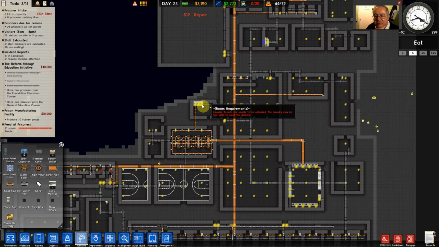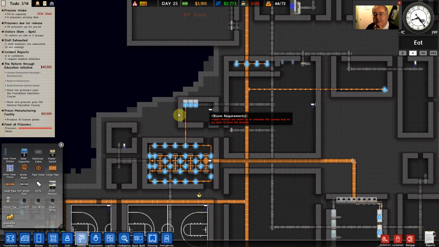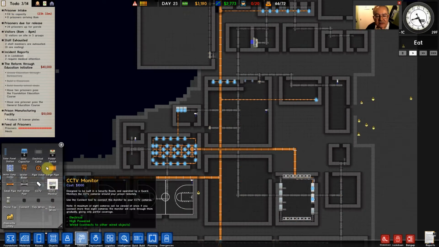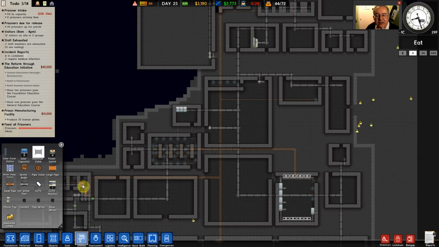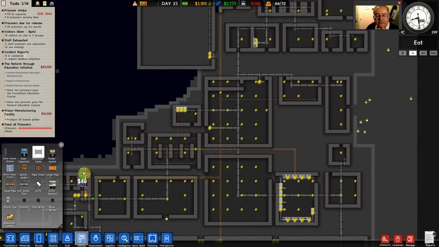I have to supply power to this room, unfortunately, but okay. So let's just do that. Put the cable in here. We're going to run out of cash for it.